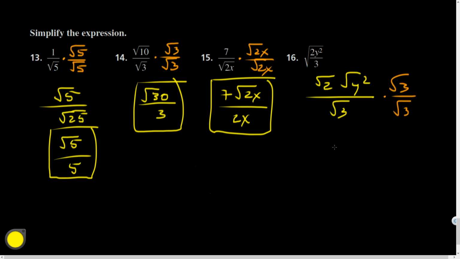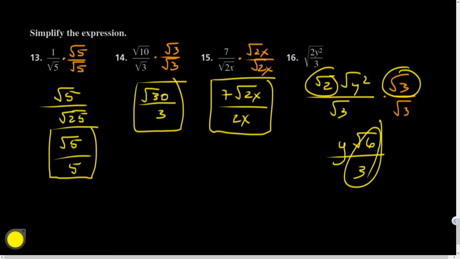Square root of y squared is y. Square root of 2 and square root of 3 I can combine to be a single radical. 2 times 3 is 6. And rad 3 times rad 3 is 3. Can I simplify this? No, because the 6 is in a radical and the other is not.